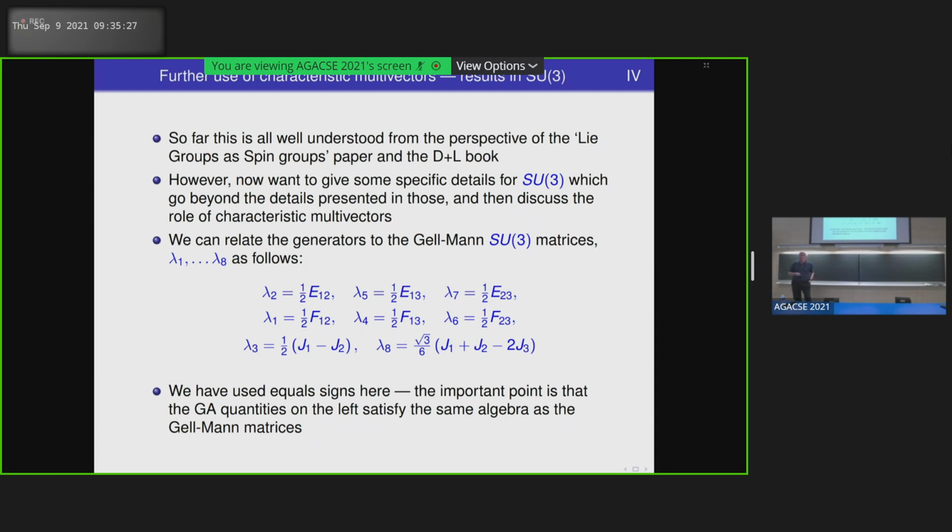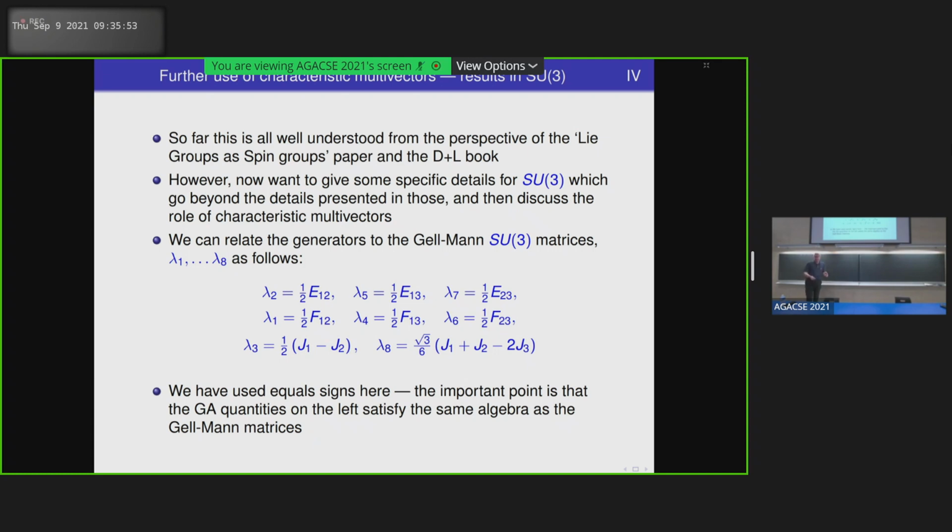So we can write down specifically the analogues of the Gell-Mann SU3 matrices like this. The Gell-Mann lambda 2 matrix is a half E1, 2, lambda 5 is half E1, 3, and 1, 4, and 6 are the Fs, and 3-legged combinations of the j's. And I've used equal signs here.